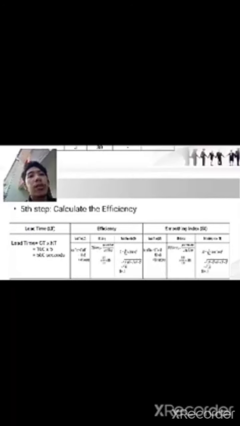Next is the fifth step. This fifth step will be to calculate the efficiency. In calculating the efficiency, we have the lead time equals the cycle time times workstations. The cycle time will be 100, and the number of workstations is 5, so we have 500 seconds all in all.